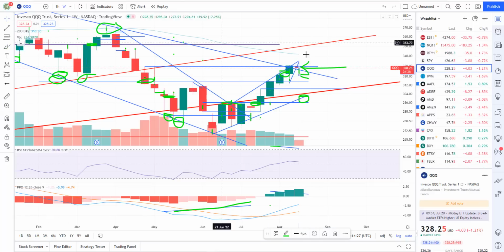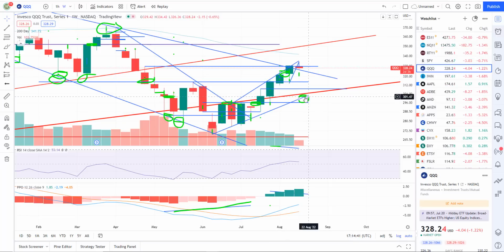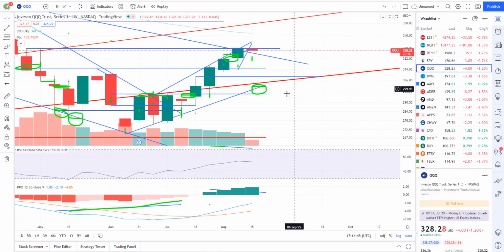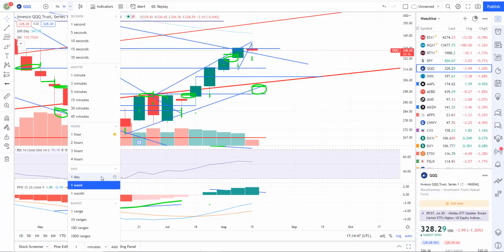That will be very bearish. That will tell me that was likely the end of this bear market rally, and we're going to move lower. At a minimum, we should move down to this trend line down here, about 301.50. So that's what I'm looking for to see if that plays out.